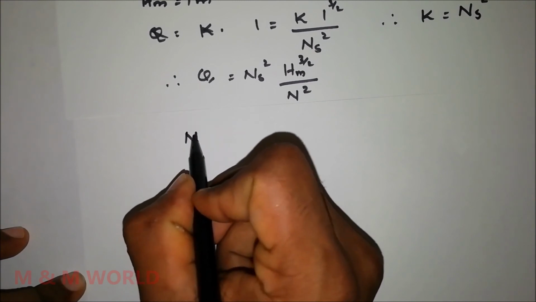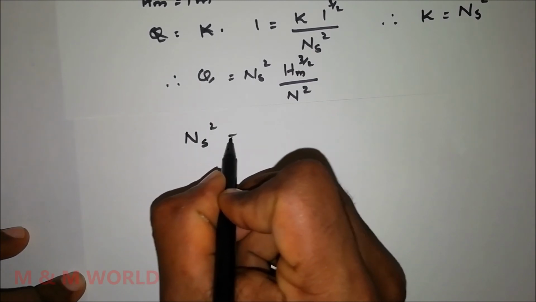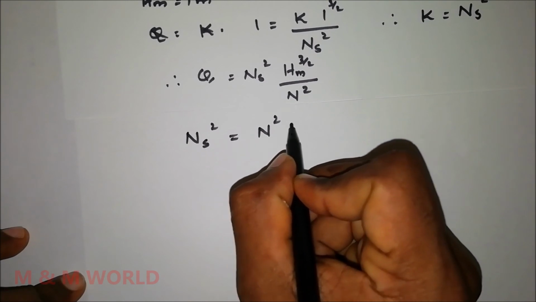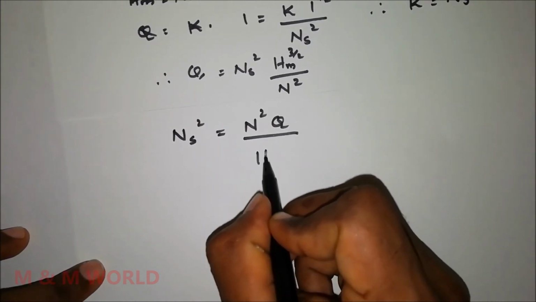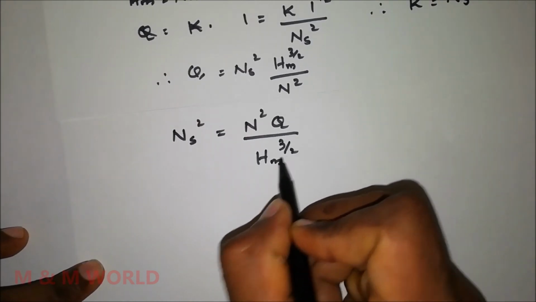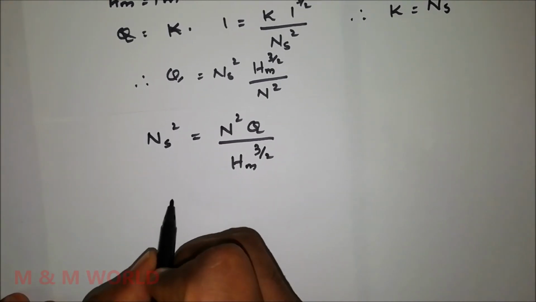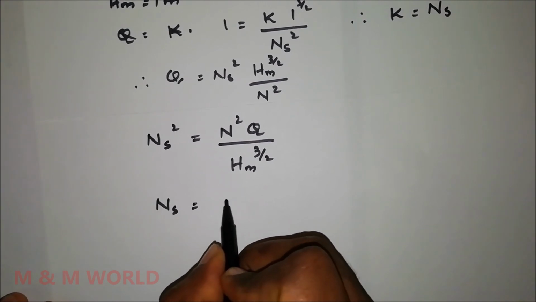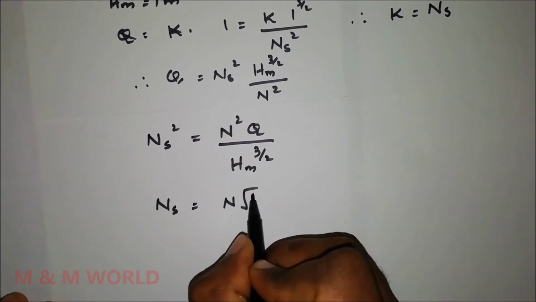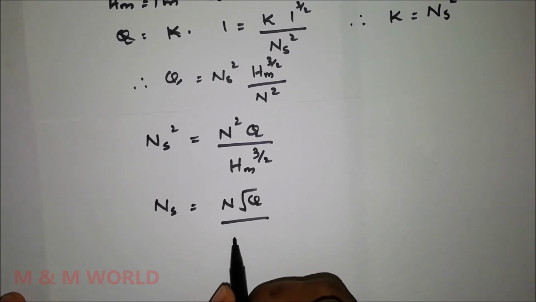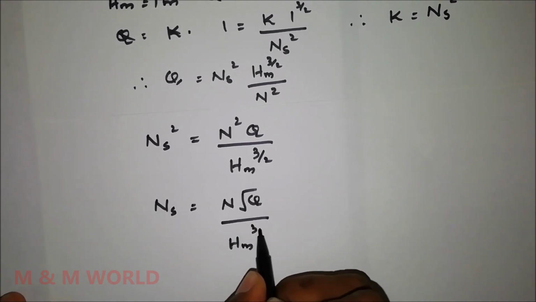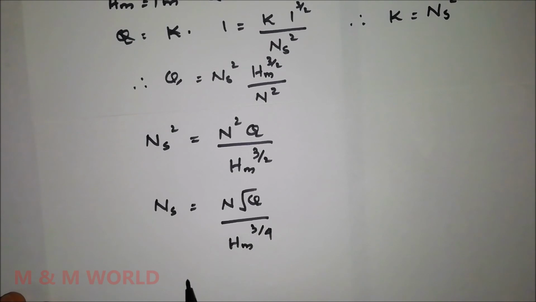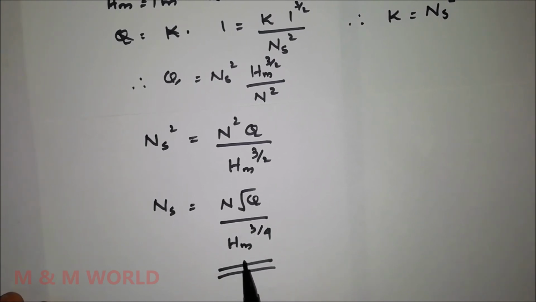Therefore, Ns square is equal to N square into Q divided by Hm raised to 3 by 2. Therefore, Ns is equal to N root Q divided by Hm raised to 3 by 4, taking the square root. So this is the equation for specific speed of a centrifugal pump: N root Q by Hm raised to 3 by 4.